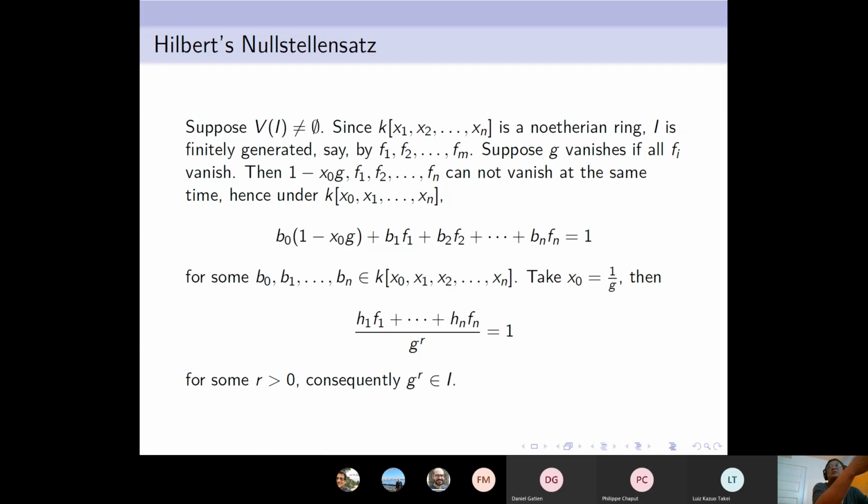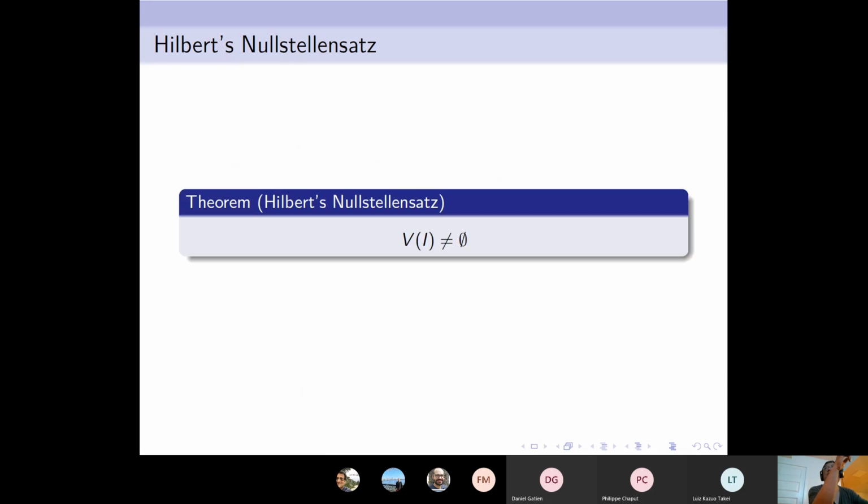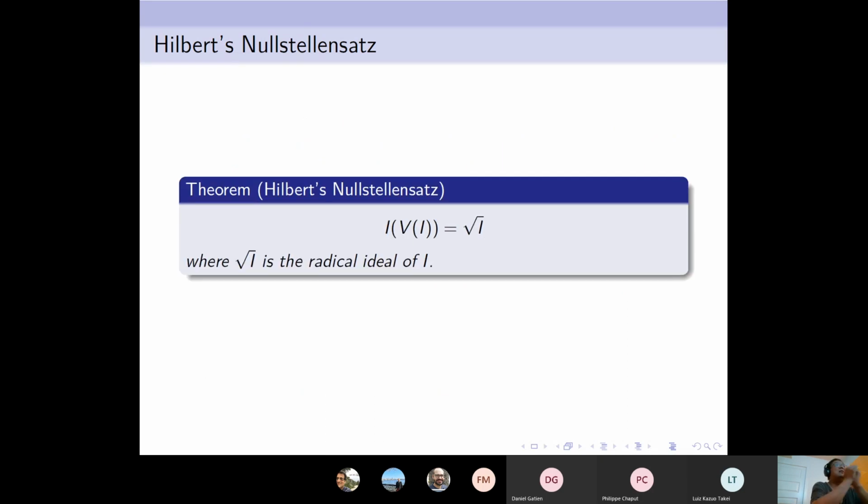That means g^r is in I, because h1 f1 plus up to hm fm belongs to I. But this is exactly the definition of a radical ideal. So g belongs to the radical of I, which means the two versions of Hilbert's Nullstellensatz are equivalent.